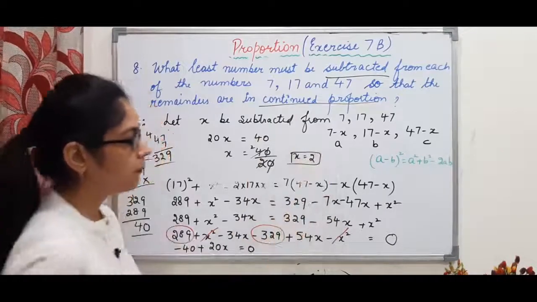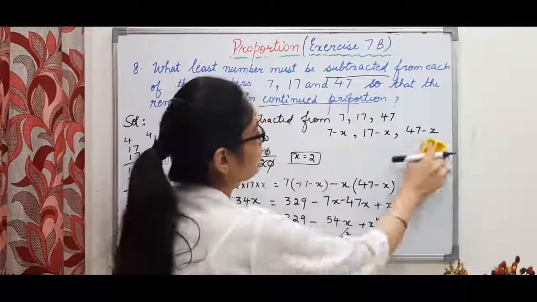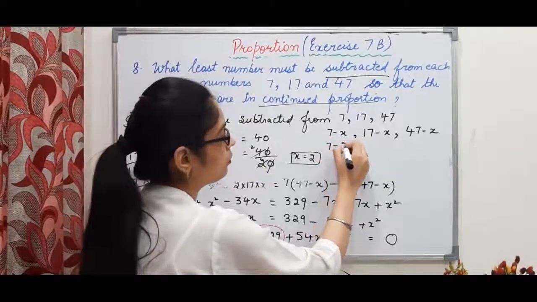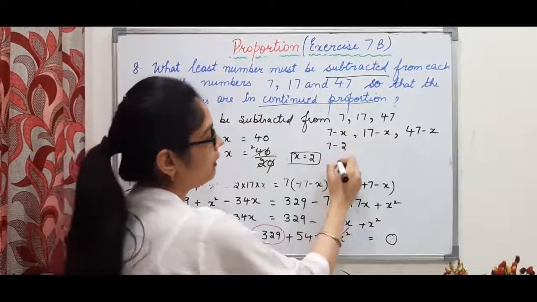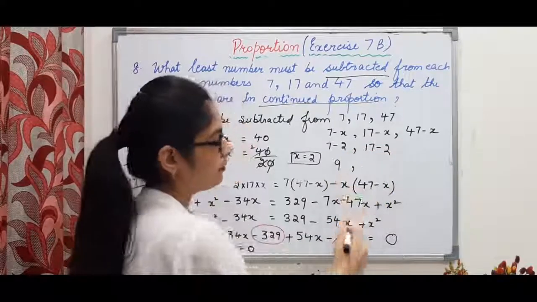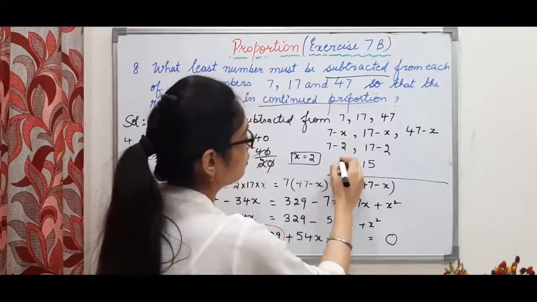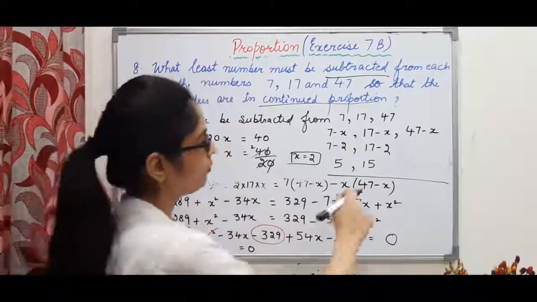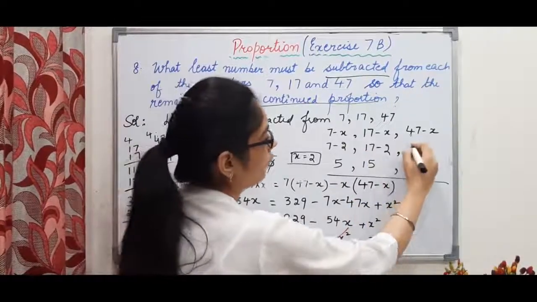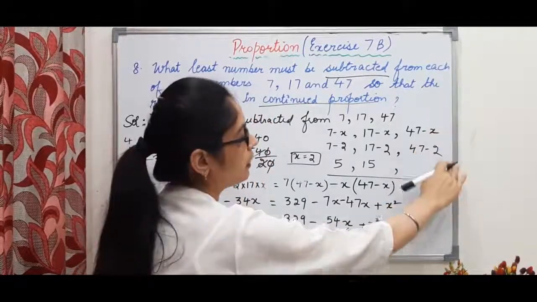We can subtract 2 from each of these numbers, like 7 minus x. 7 minus x means 7 minus 2, because x is equals to 2. 7 minus 2 is 5. And 17 minus 2, 17 minus 2 is 15. 47 minus 2, because x is equals to 2, so that is why the value of x I am substituting.